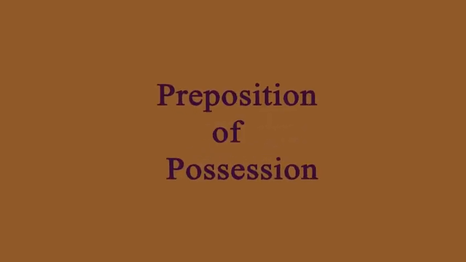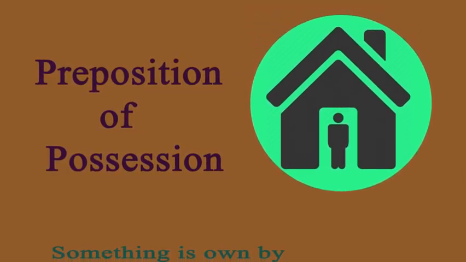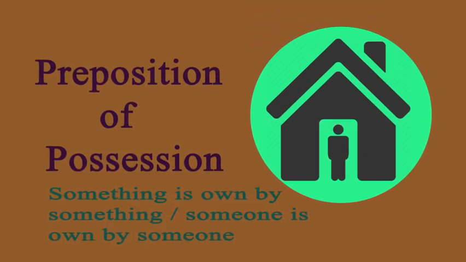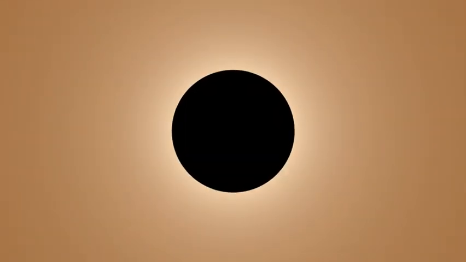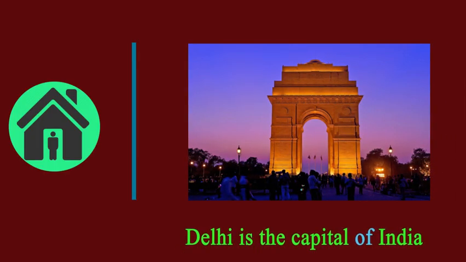Preposition of possession. Something or someone is owned by something or someone. So possession. Delhi is the capital of India.